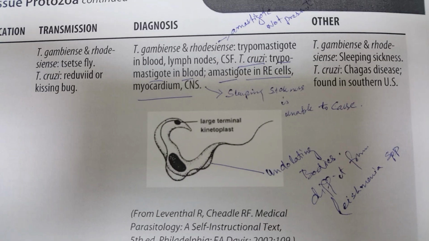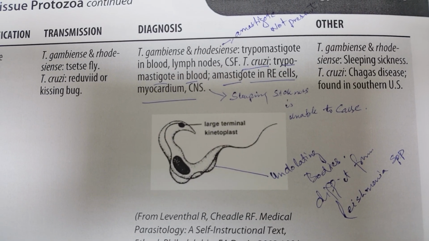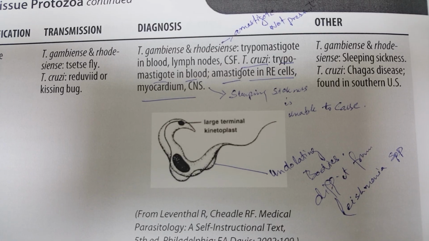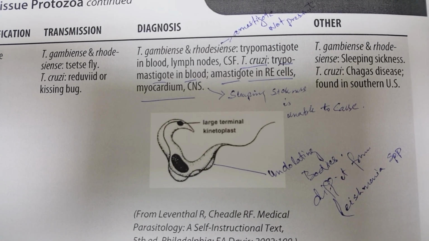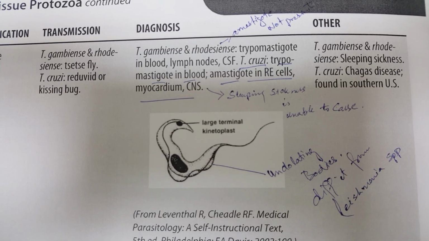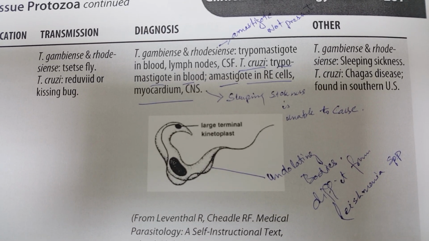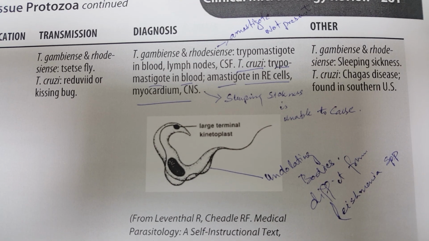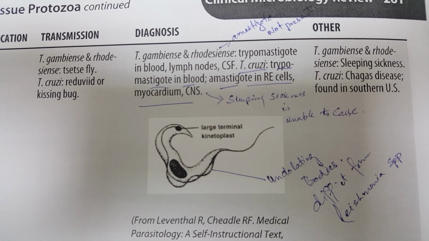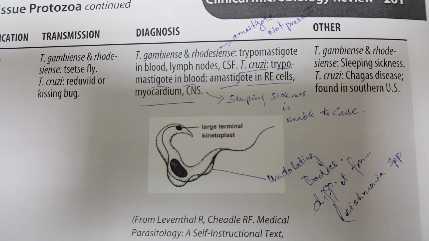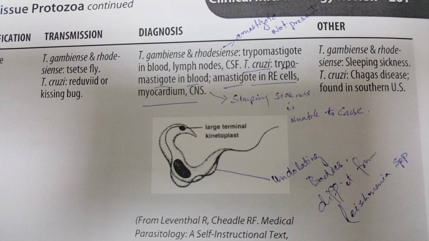That's why T. cruzi is unable to cause sleeping sickness, because the amastigote form is in the reticular endothelial system, myocardium, and central nervous system, and trypomastigote forms are mostly in the blood. In the case of T. gambiense and rhodesiense, which cause sleeping sickness, the trypomastigote form is in the blood, lymph node, and CSF.